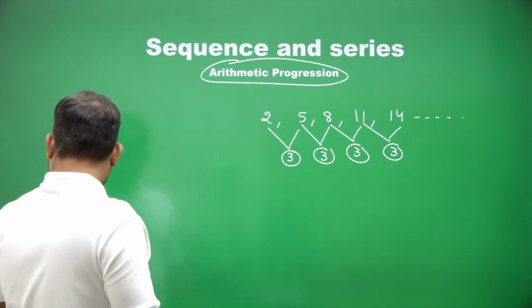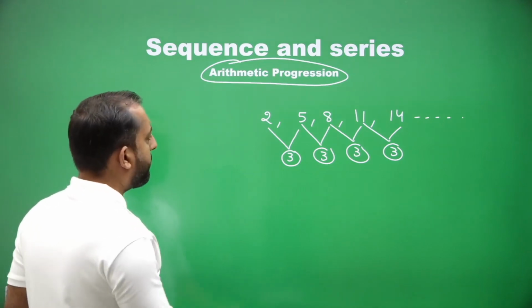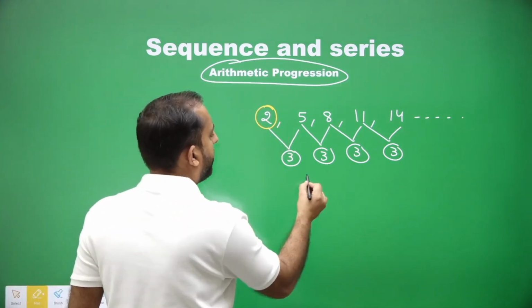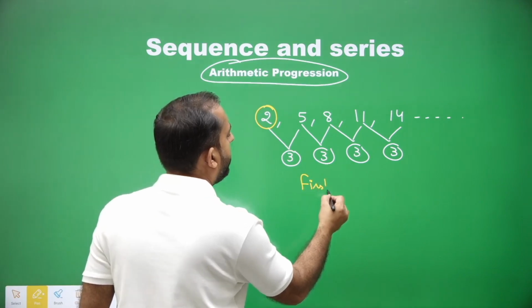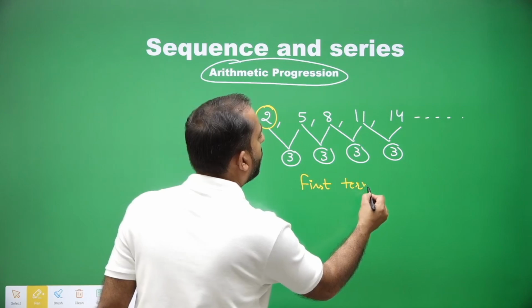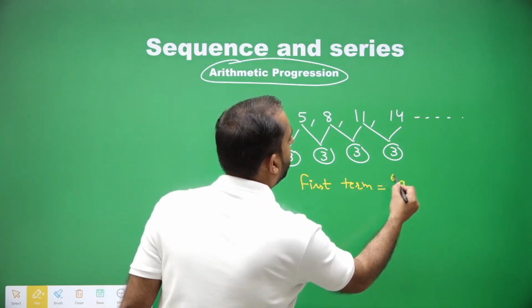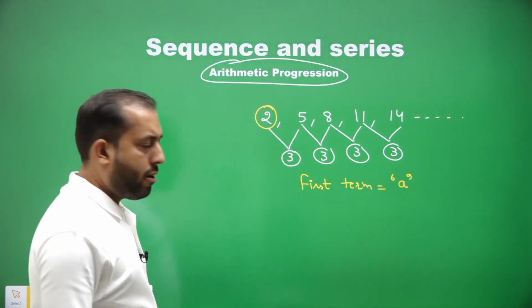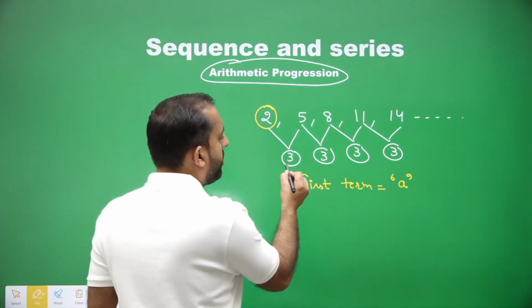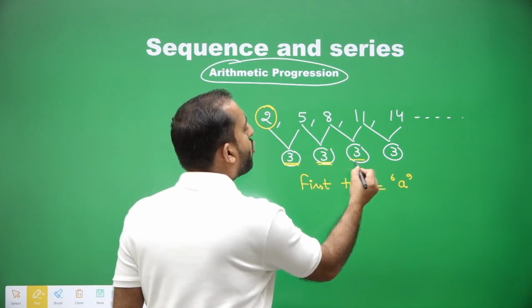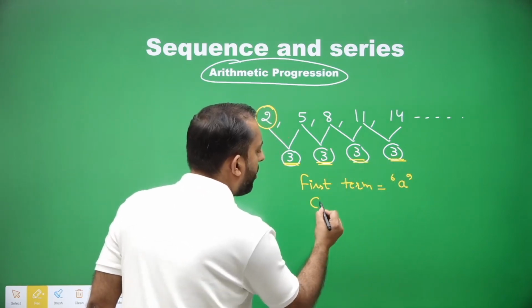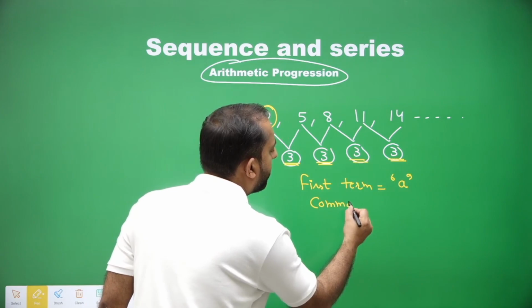Okay. So in arithmetic progression, remember the first term is represented with the help of the letter A. This difference of two consecutive terms is called common difference.